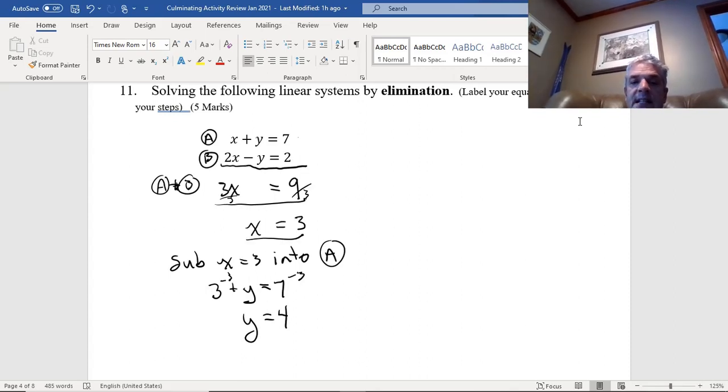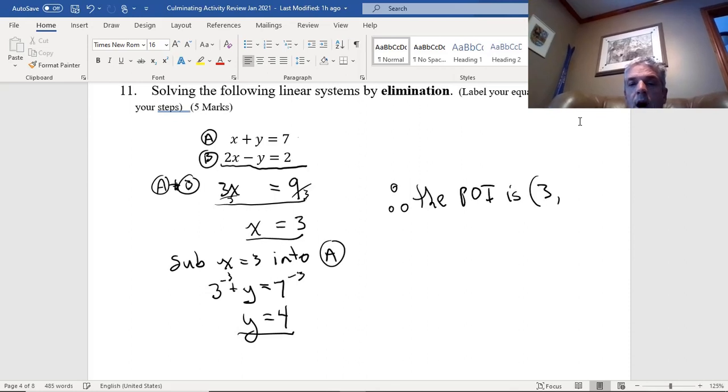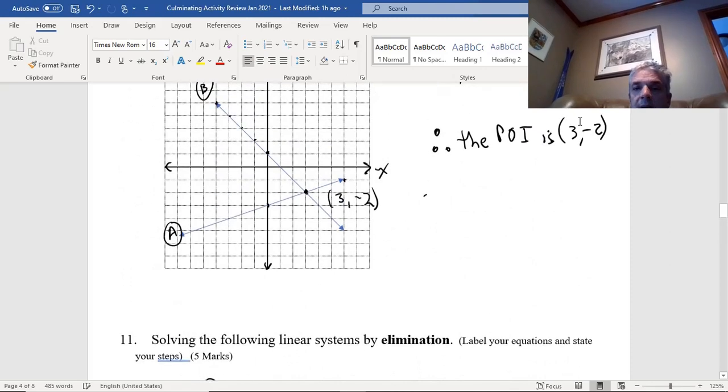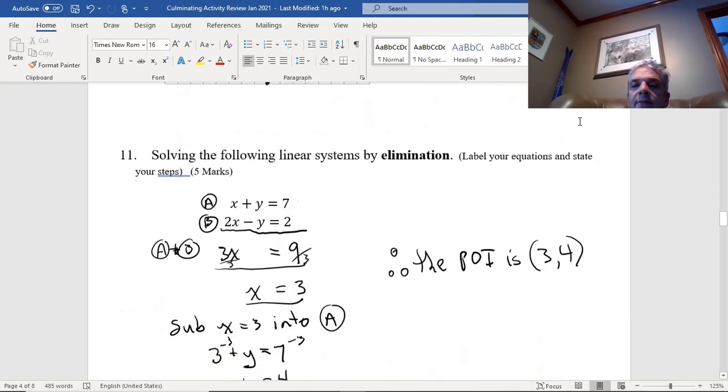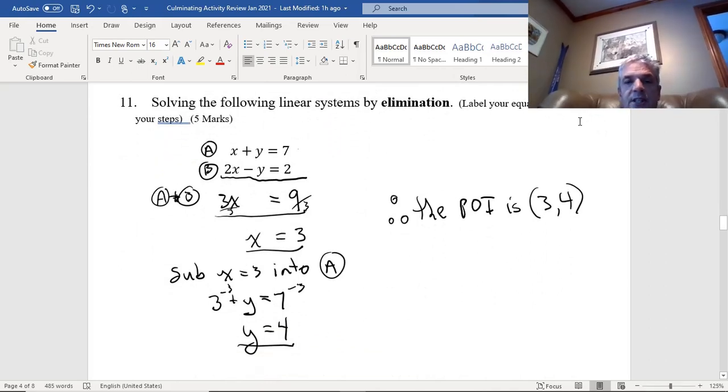Now I have my x value and my y value, and I write, therefore, the point of intersection, the POI, is 3, 4. And it's very much the same style of answer as I had here, where I graph them, but now I don't have to go through the headache of graphing the equations. I can simply do it by solving by elimination.